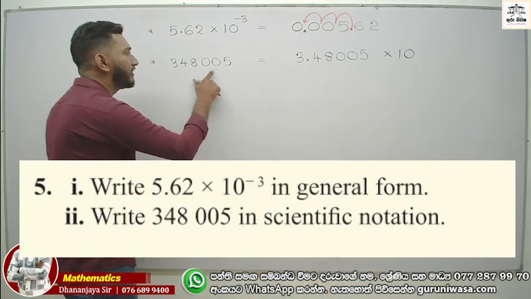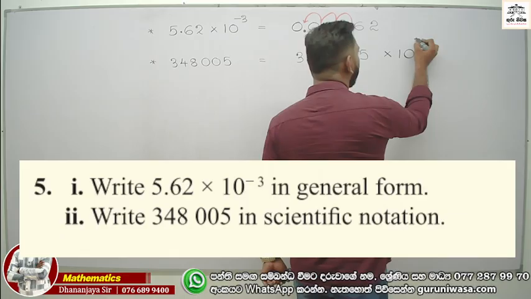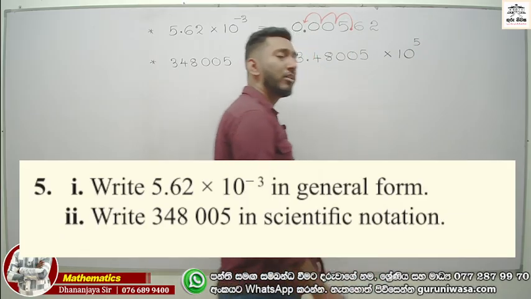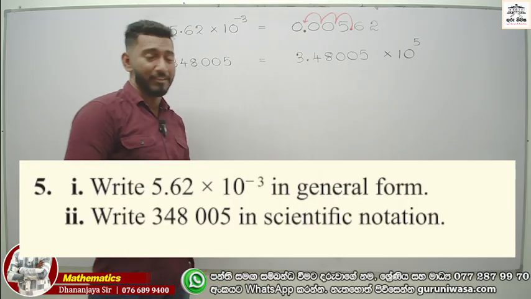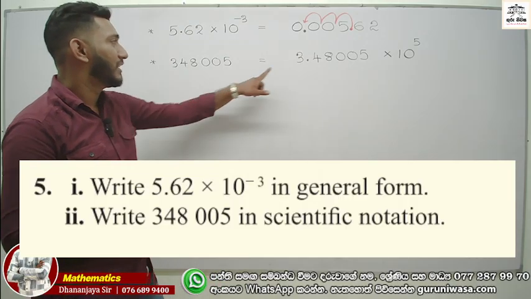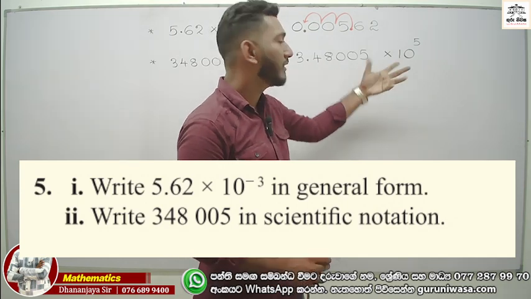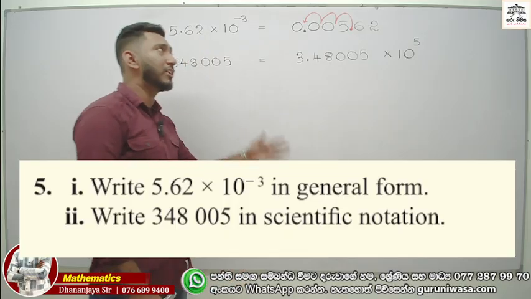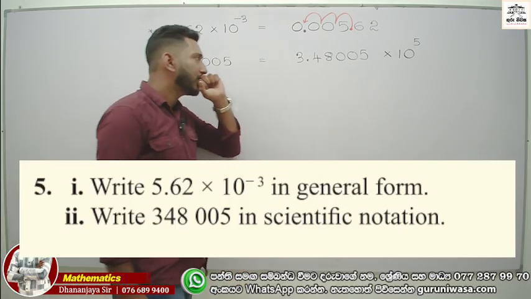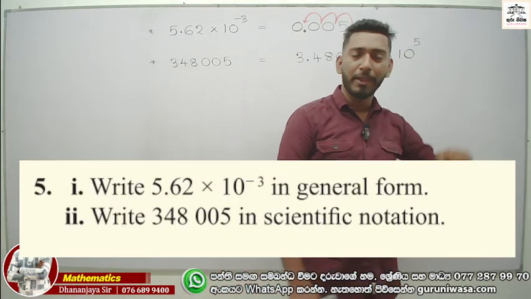This is a 6-digit whole number. Therefore, this is 10 to the power of plus 5. We have to move 1, 2, 3, 4, 5. That's correct. If it is a 6-digit number, the power is 5.